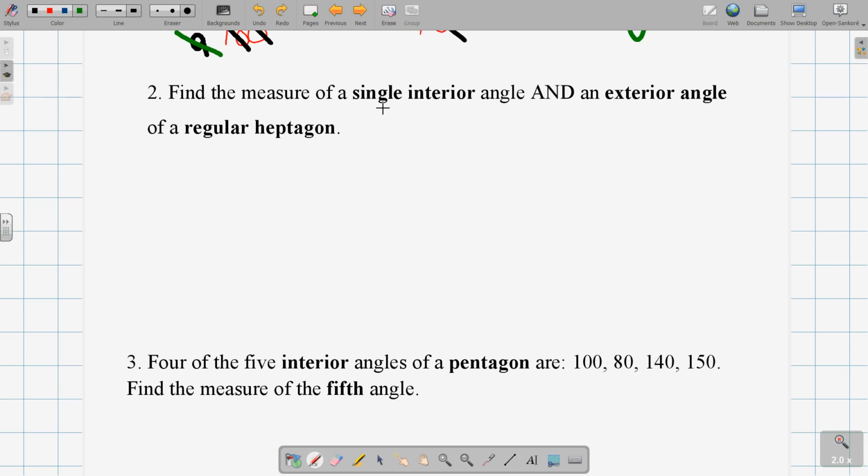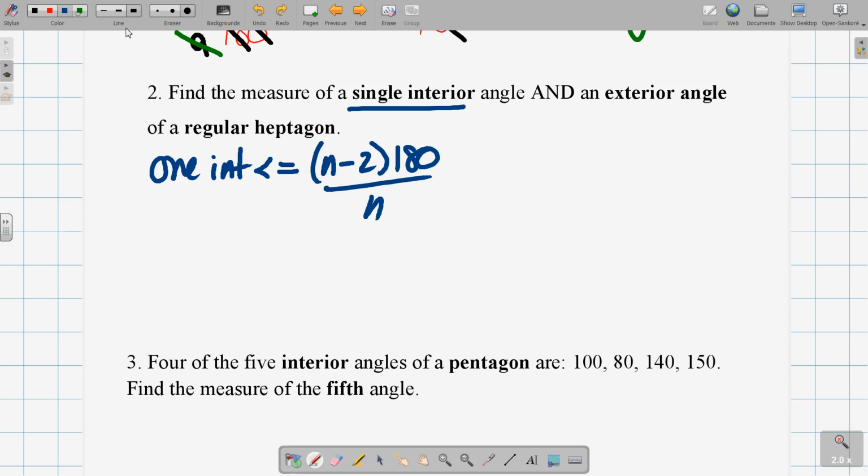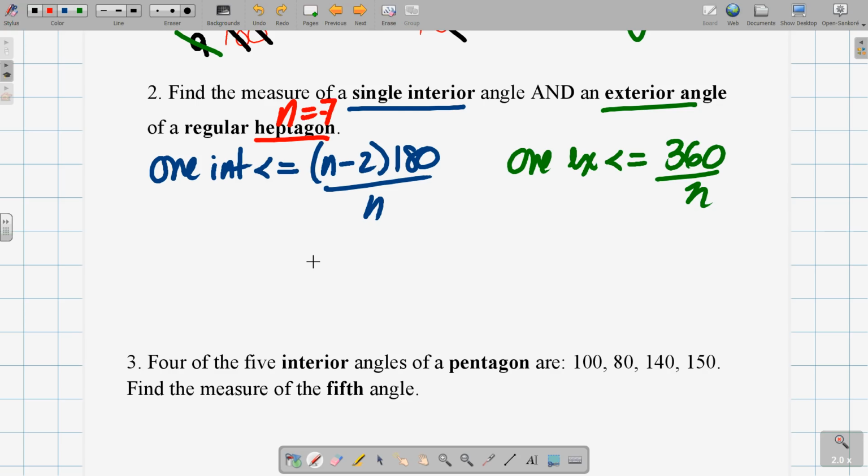Find the measure of a single interior and a single exterior of a regular heptagon, so n equals 7.